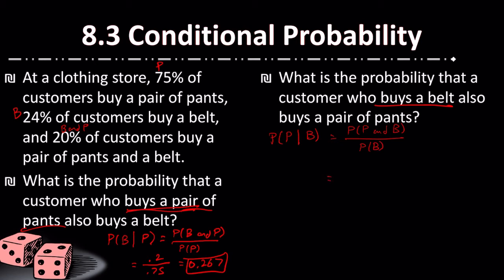All right, pants and belt, that was the 20% or 0.2. And just the belt is the 24% or 0.24. When you divide those, you get 0.833.